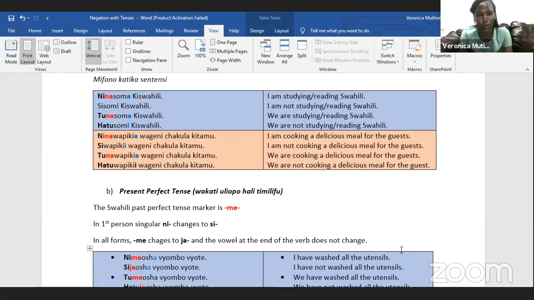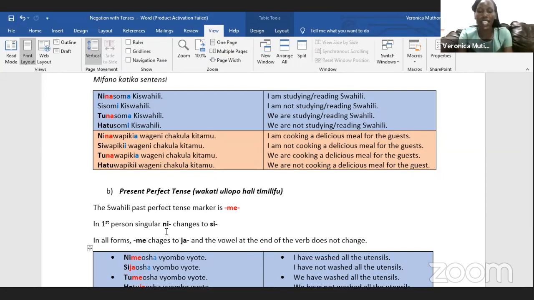In Swahili we call this wakati uliopo hali timilifu. And this in Swahili is marked with me. There is sort of a dash, a hyphen, I call it, meaning you can fix some words or some syllables before me or others after me. And the first person singular ni changes to si when you are negating.